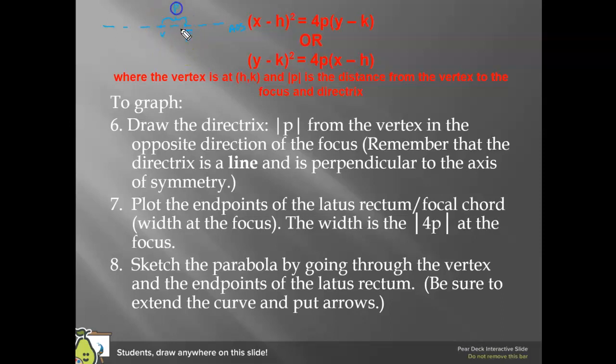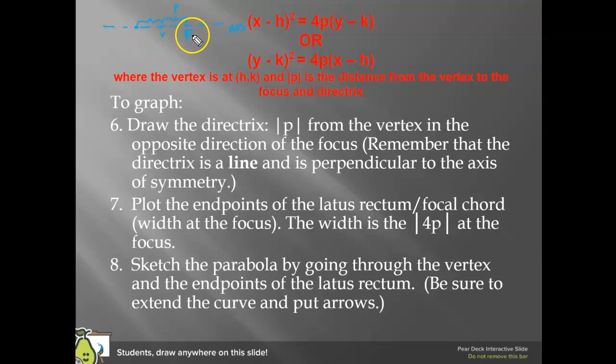It's that p value. It's just that wherever your focus is, we need to go the opposite direction on the axis of symmetry to get to the directrix. So I'm going to go that same distance, I'm just going to go in the opposite direction.